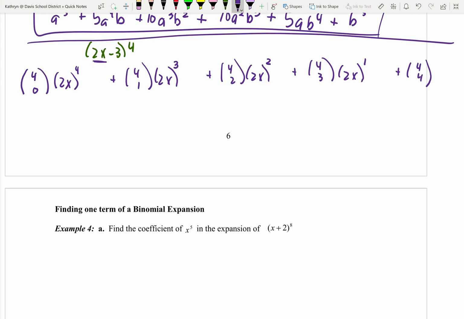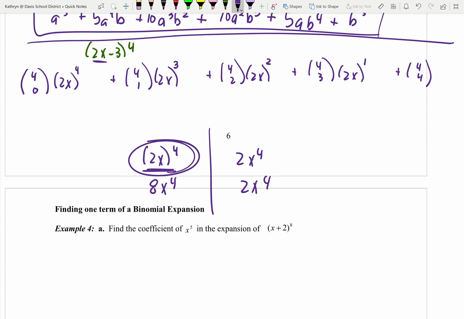Everybody freeze. What is the difference between this and this? They are very different. The whole 2x is being raised. What's this equal to? Tell me that. 8. That's 8x to the 4th. This is 2x to the 4th. So on this guy, the whole thing is to the 4th, which is what you're supposed to do.